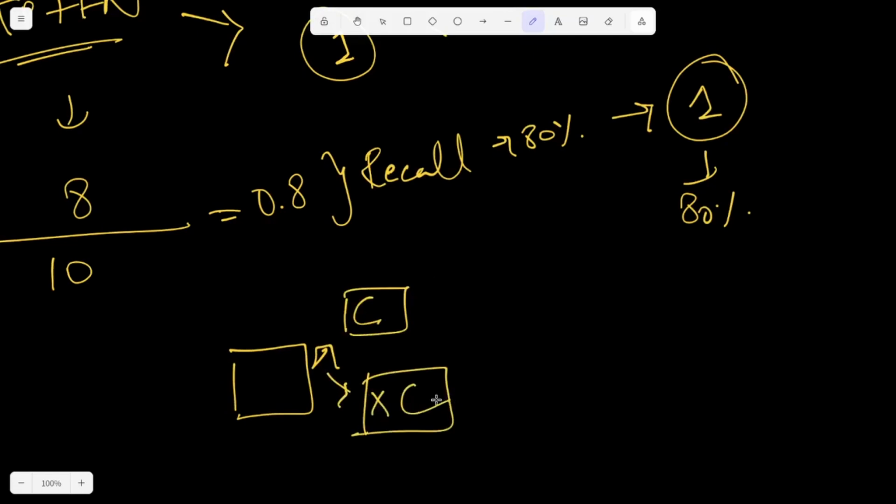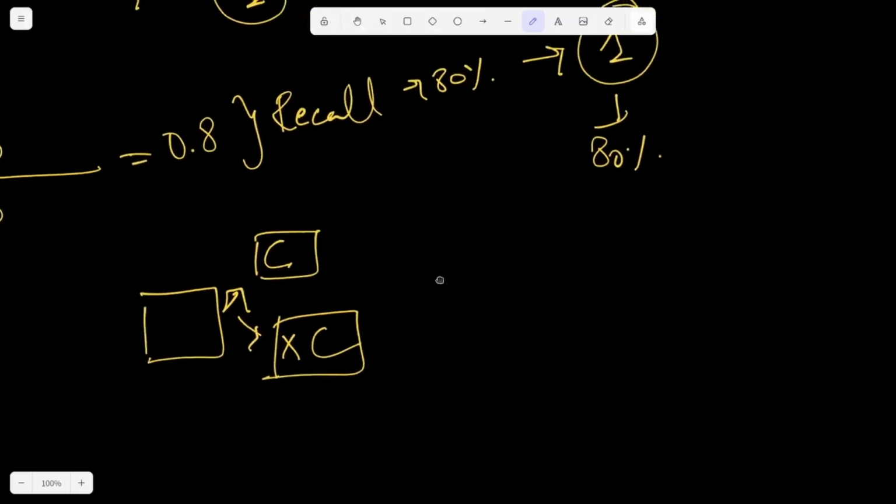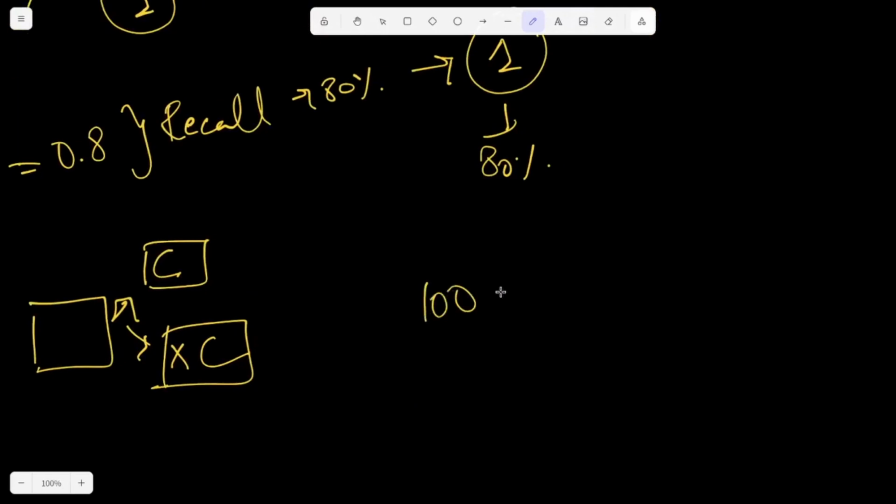What's most important to you as a doctor or someone building the model for this task is that you need to be able to identify all the patients that have cancer. So let's say I have 100 patients whose data is being passed into the model, and out of these 100 patients, 60 of them have a certain type of cancer, and we want to actually know that through the model.